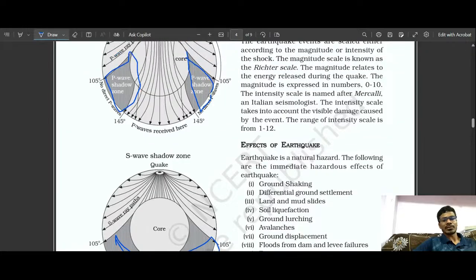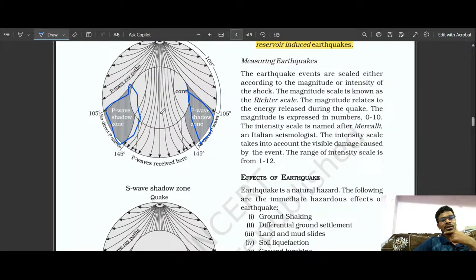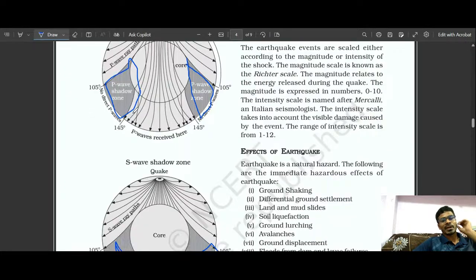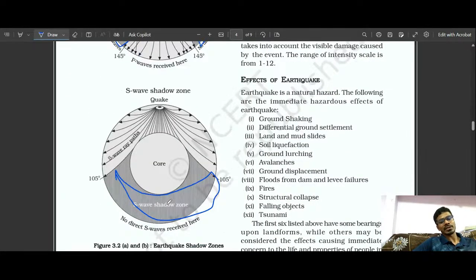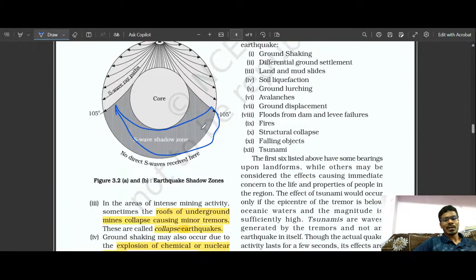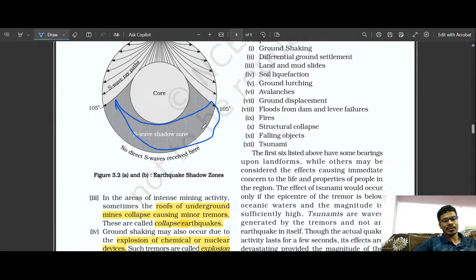The P waves can reach all materials, and one thing noticeable is that when P waves move into the liquid part, their speed or velocity gets slowed down. However, S waves cannot move through liquid materials, or the liquid state.